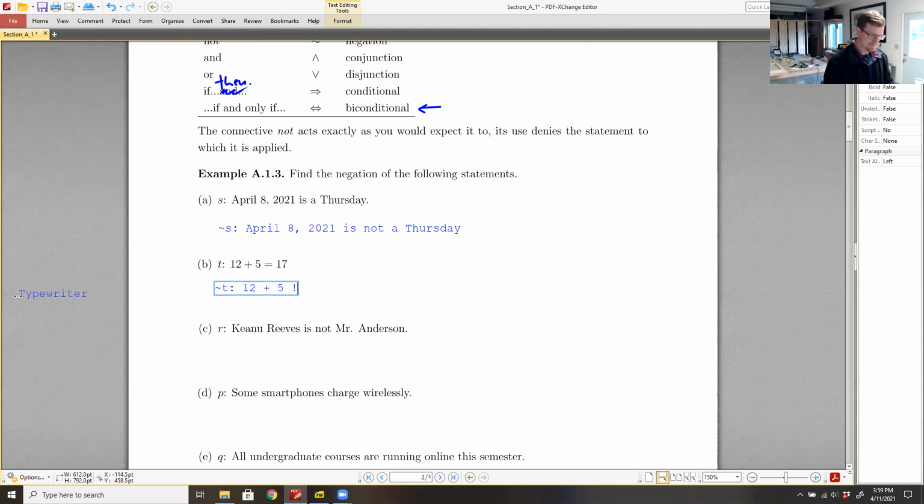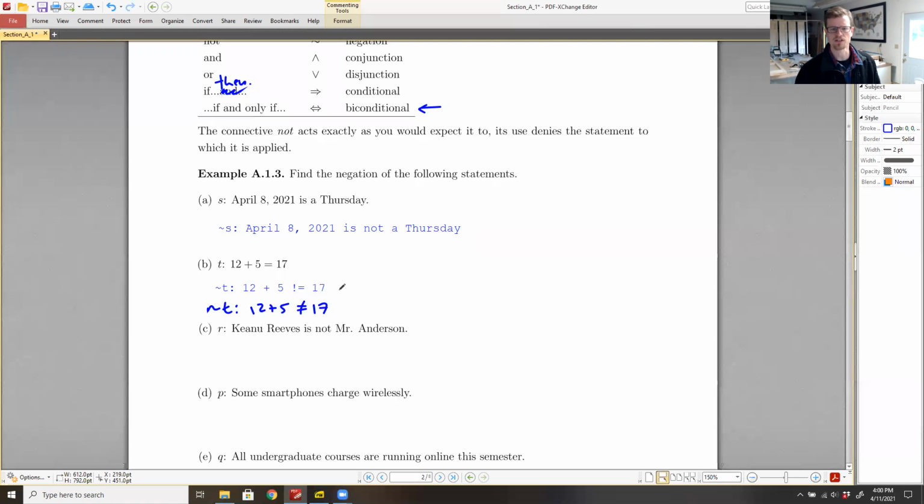When you're typing, exclamation point equals is to say not equal to. Of course, we know that is false. We could also write it as not T: 12 plus 5 is not equal to 17, using our usual notation. When you're writing by hand, I would encourage you to use that notation.